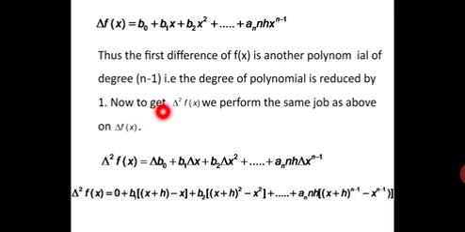Now, I will apply the same method to get delta square of f of x, that is the second forward difference. If you apply it to this one, what happens? We have to apply delta square of f of x to this. So delta of b naught, b1 as it is, delta of x square, b2 as it is, n is constant, delta of x to the power of n minus 1.